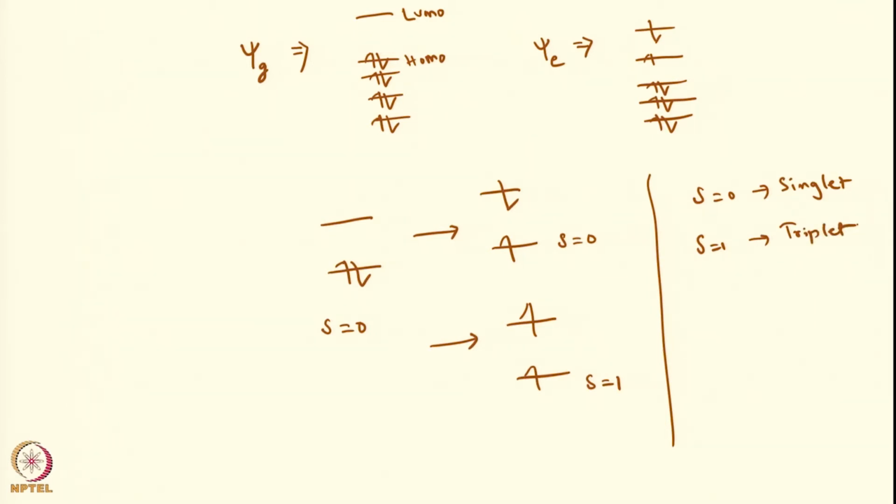Now there are two things that are possible. When you have psi g with this combination, and this is LUMO, you could go to psi excited state in two possibilities.